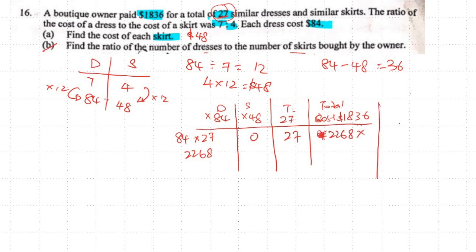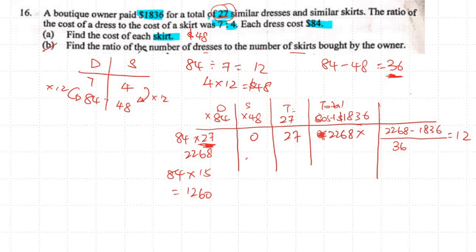Okay, this is wrong. So I want to know how many dresses I need to exchange for shirts. So I use 2268 minus 1836, divided by 36, because I need to know how many to exchange, right? Because I know the difference. Then I will get an answer of 12. So it means that initially I thought it's 27, I must minus 12. 27 minus 12 will be 15. So the cost is 84 times 15, which gives me 1260.